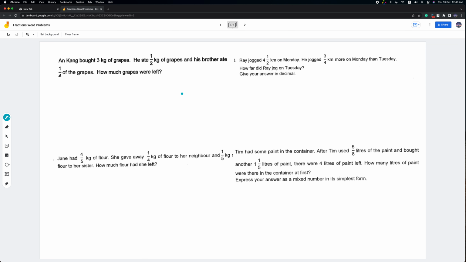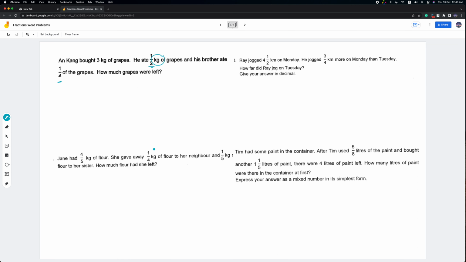Okay, since this is... there's fractions that involve units, and then there's fractions that don't have units, like this 1/4.